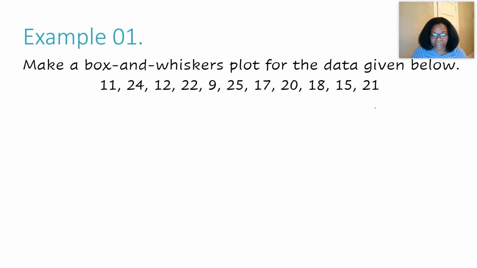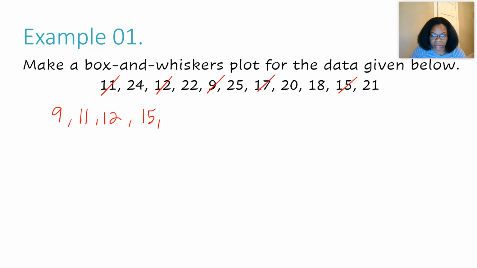I'm going to look at my data set, and I can see just by looking at it, the smallest number I have is 9. So I'm going to cross it off and write a 9. Then I'm going to check again, and when I look quickly, I can tell that my next number is 11. Now my next smallest number is 12. My next smallest number looks like it's this 15.